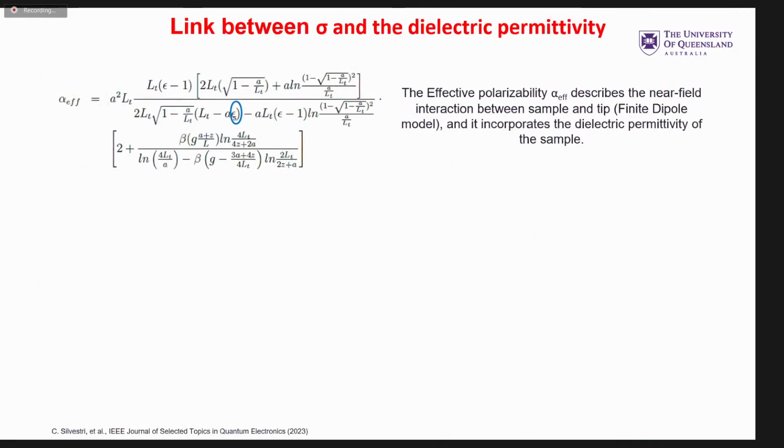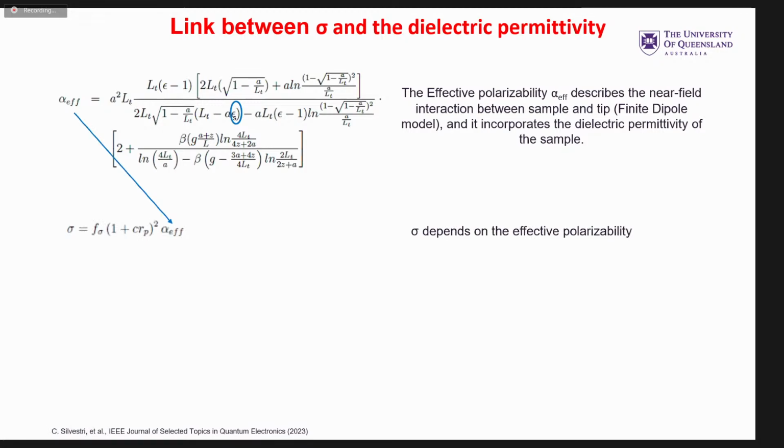In this slide, I explain a bit better the link between the scattering coefficient and the dielectric permittivity. The near field interaction between tip and sample in the SNOM can be described by a model called the finite dipole model, through an effective polarizability. This effective polarizability of the tip-sample target depends on epsilon s, which is the dielectric permittivity of the sample.